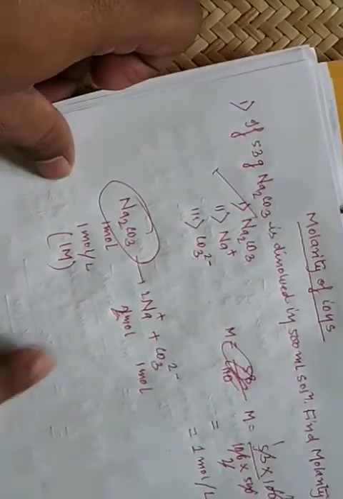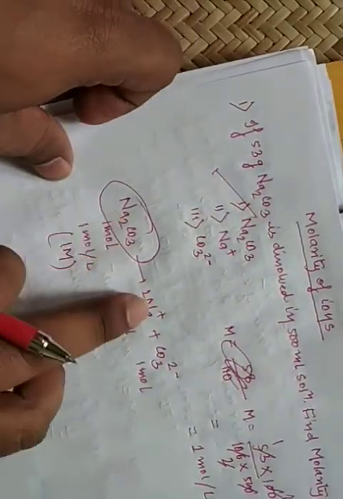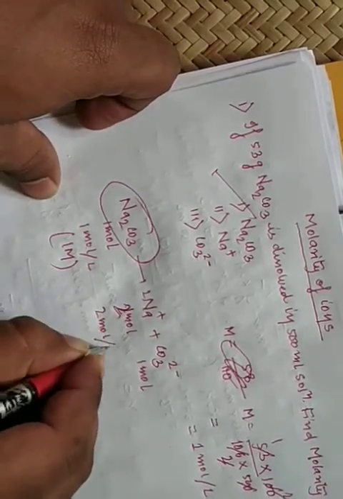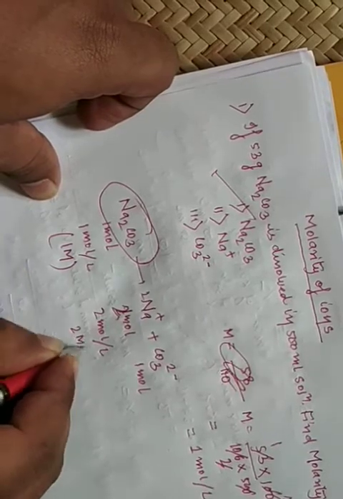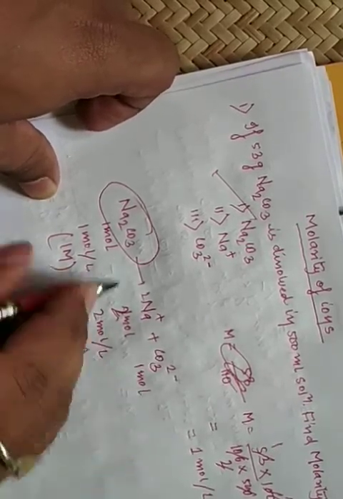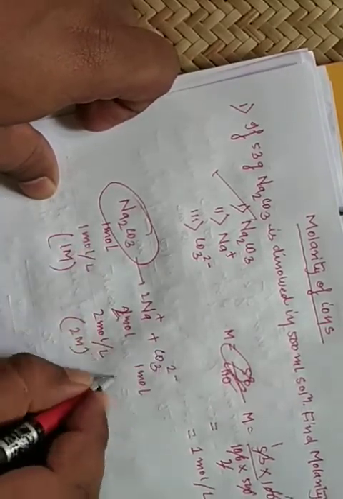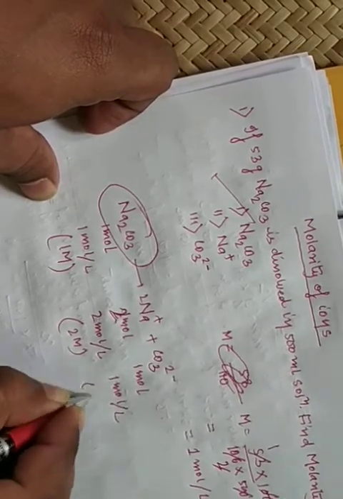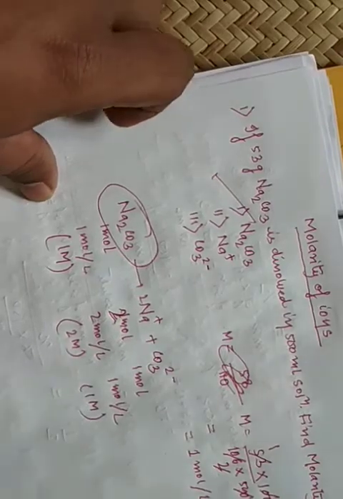The coefficient for Na+ is 2, so it means 2 mole per liter, the answer is 2 molarity. And for CO3 2- there is again a coefficient of 1, so 1 mole per liter, which means 1 molarity. This is a simple method to find it.